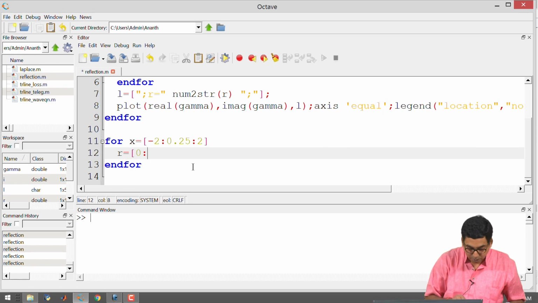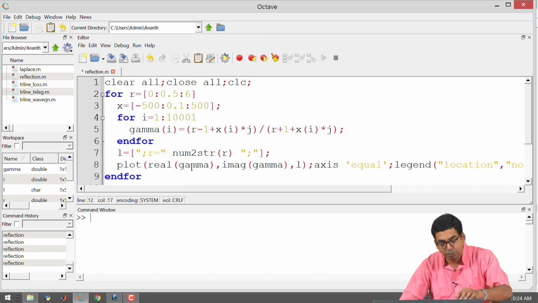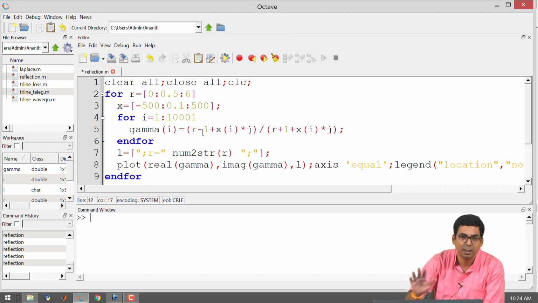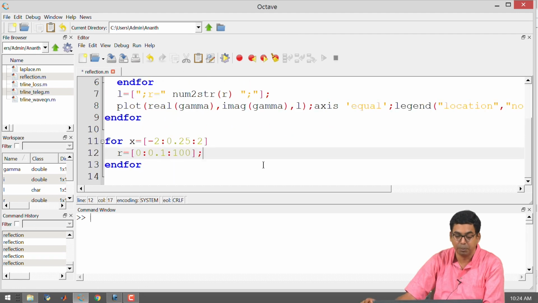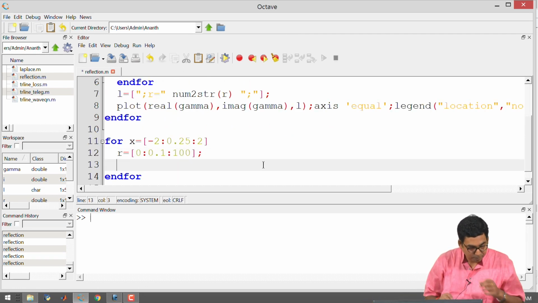Okay. And I want to build a vector for the resistor, 0 in steps of 0.1 all the way up to 1000. Okay. The program structure for this part will be similar to this part, just the values are slightly changed. The values are changed because you will notice that if you change the values, some things will become not clear. I'll explain that in a second, okay, once we complete the program. Right. Okay.